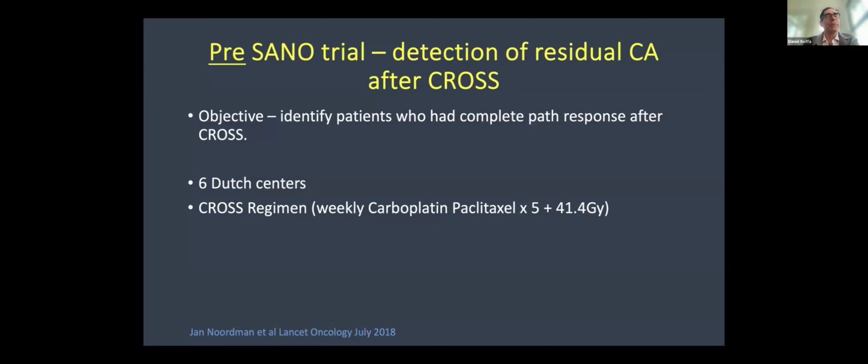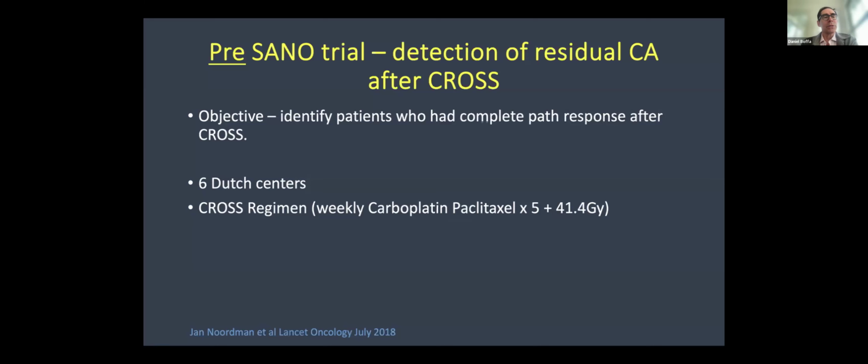Before that, though, you have to know that the person has experienced a complete clinical response. And so there was a trial before the trial, which is the pre-SANO trial, which was looking at could you tell if people had been cleared of their disease after receiving cross, because if you couldn't do that, then there's no point in the SANO trial, which is taking people who appear to have been cleared of their disease and selectively watching them to see if the cancer came back and deferring esophagectomy to only those people where the cancer came back.